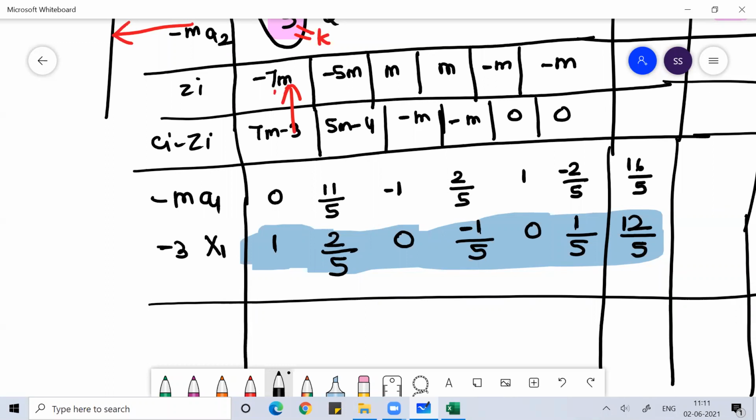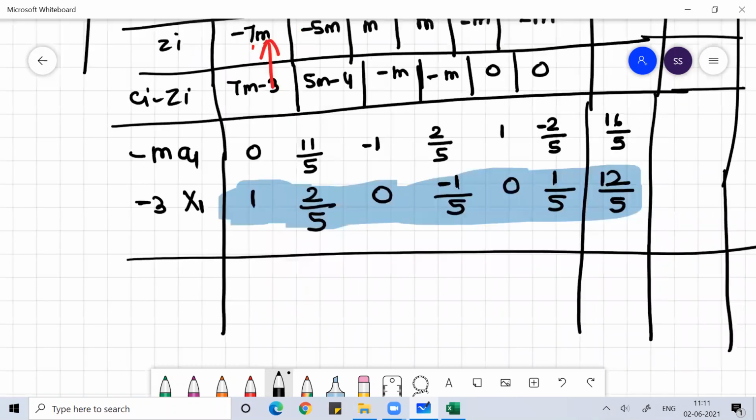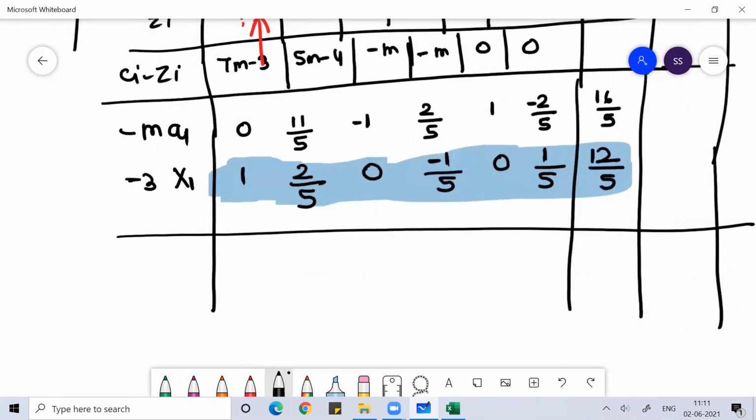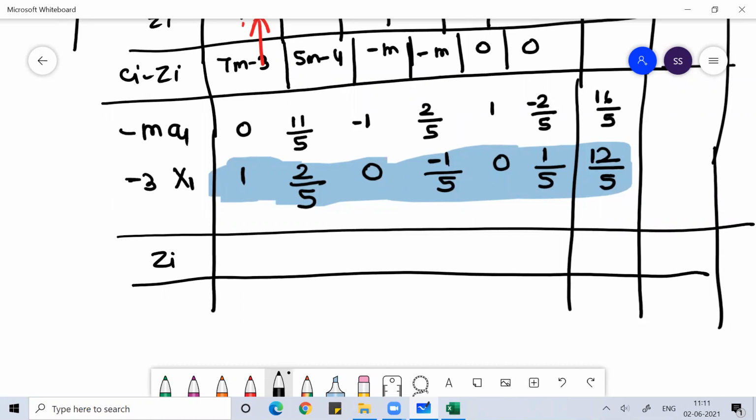Now once I get these values, for the iteration table 2 I created, I'll find the Zi value. How will I find it? Minus M into 0 is 0, and minus 3 into 1 is minus 3.